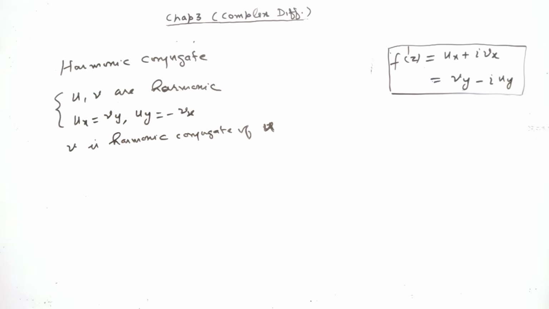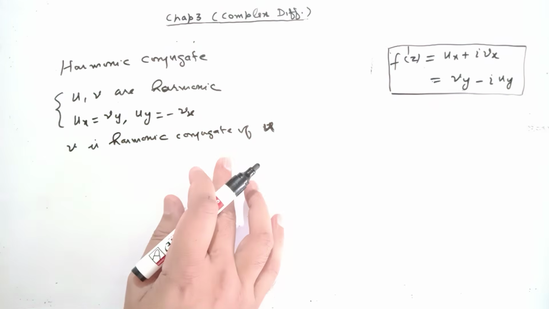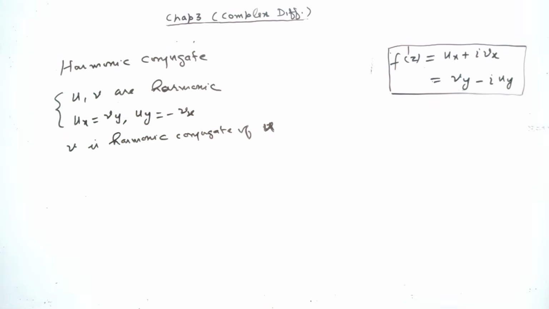So you can say it easily that a function f(z) equal to u plus iota v is analytic in a domain D if and only if v is harmonic conjugate of u. Because if v is harmonic conjugate of u, then CR equations are satisfied. And these are continuous also because of harmonic functions.